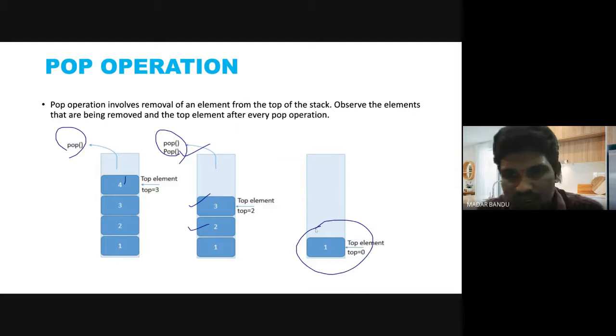What is the top value? The top value becomes 0. Here I called pop operations 3 times, so 3 elements have been removed from the stack: 4, 3, 2. Then it has only 1 element in the stack.